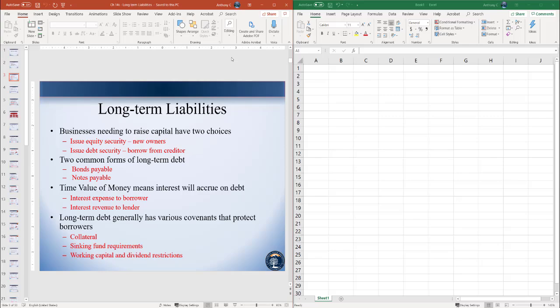Okay, so if we wanted to issue a debt security or issue a long-term debt, we have two basic forms we could use: bonds payable or notes payable. We'll talk a bit more about the difference between the two on the upcoming slide, so you can really understand what we're dealing with when we're talking about a bond.